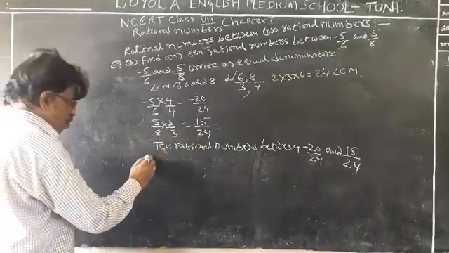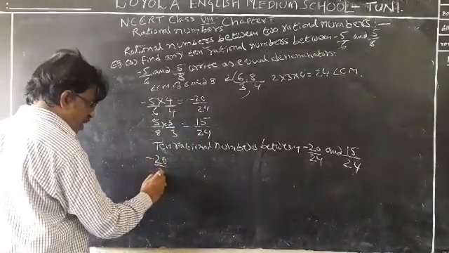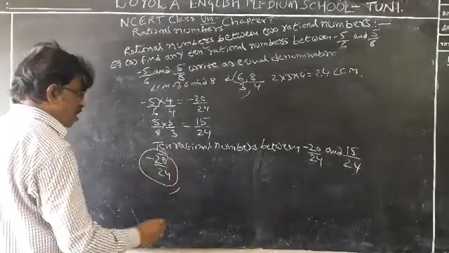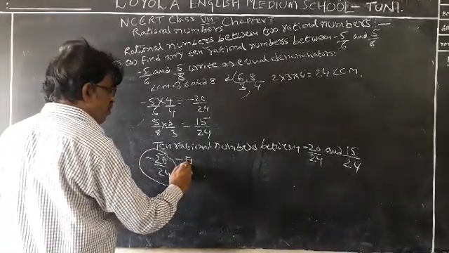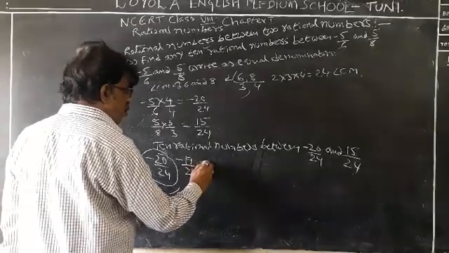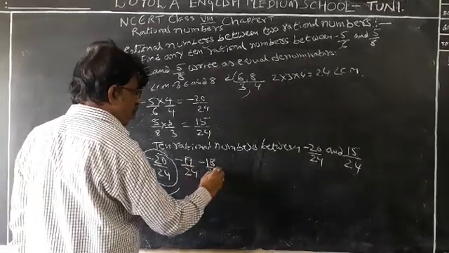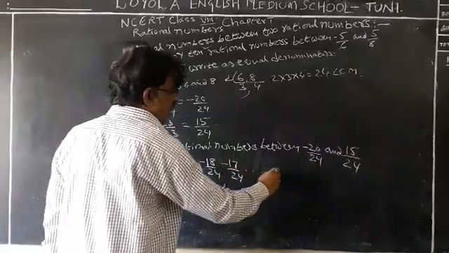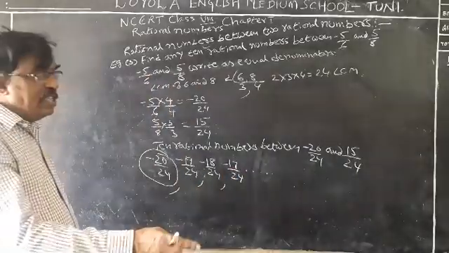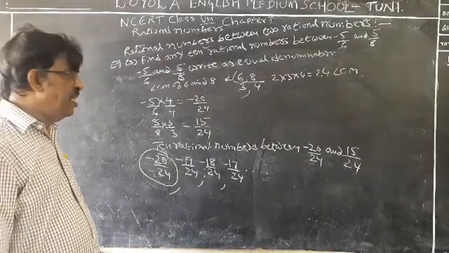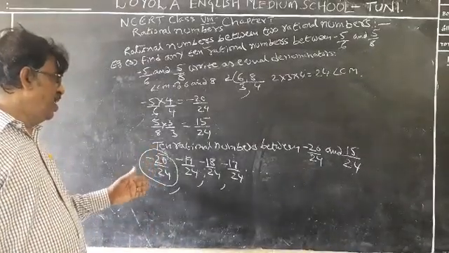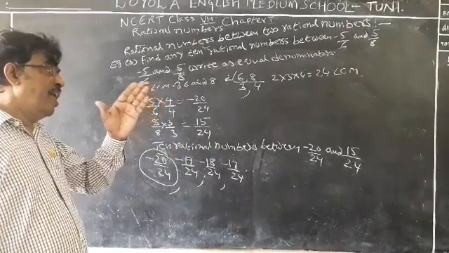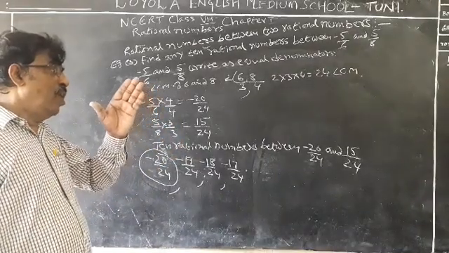Here observe, minus 20 by 24 is the starting point and it won't be included. After it come minus 19 by 24, minus 18 by 24, minus 17 by 24, and so on. If it is 4 or 5 numbers, we can write them very easily. But again we have to write up to 14 by 24.